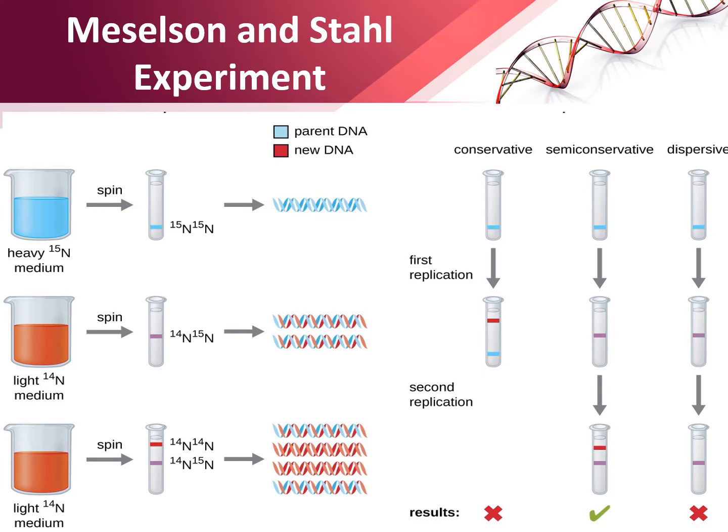After one round of replication, the DNA sedimented halfway between the nitrogen-15 and nitrogen-14 levels, ruling out the conservative model of replication. After a second round of replication, the dispersive model of replication was ruled out. These data supported the semi-conservative replication model.